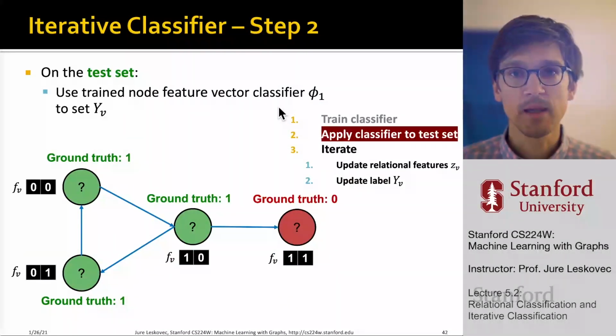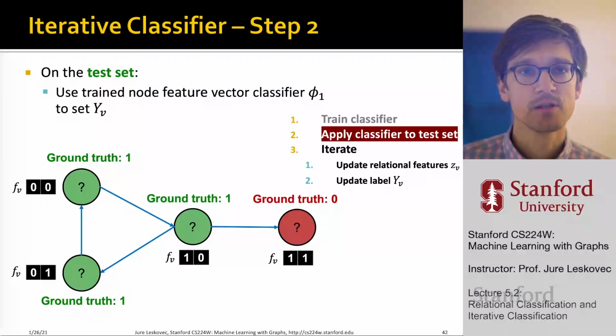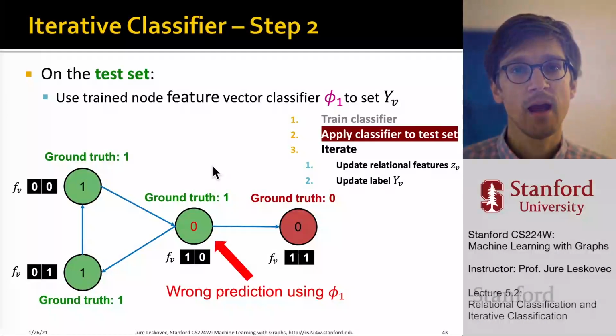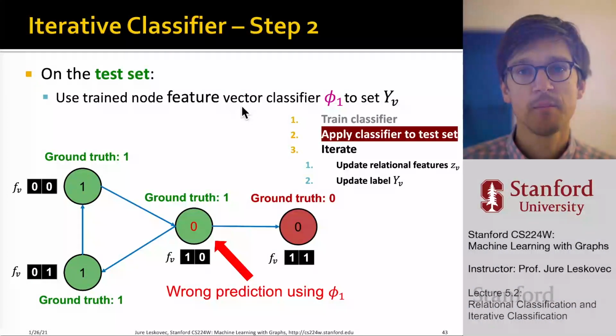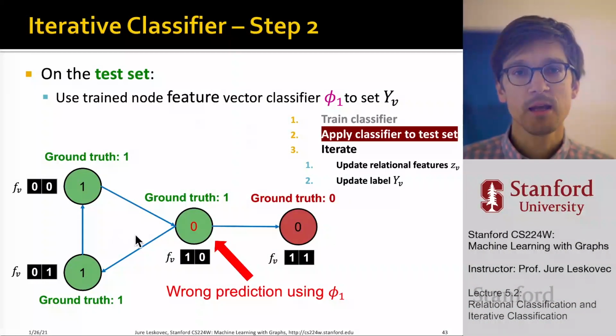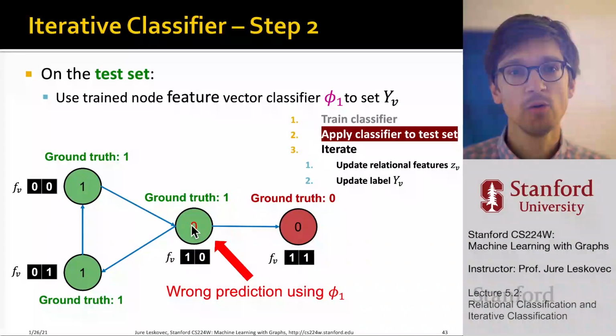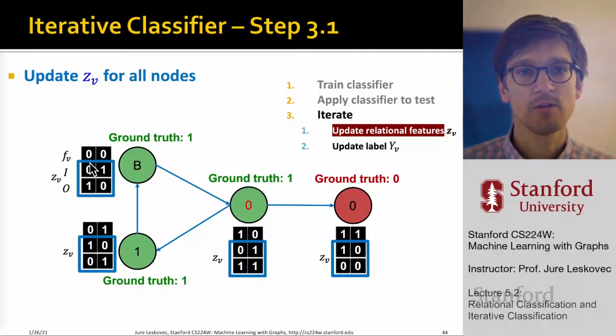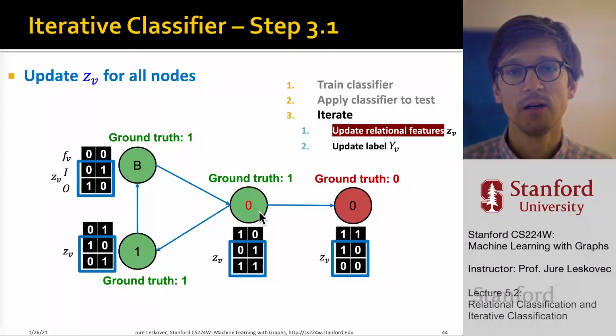So now, in the second step, I'm going to apply my classifier phi2 on the graph of interest on the unlabeled nodes. So I'm going to use the node features to apply the classifier phi1 on the unlabeled set, and I'm going to predict the labels. And now, given the predicted labels, I'm going to update the feature descriptors, in the sense of class summaries around each node.